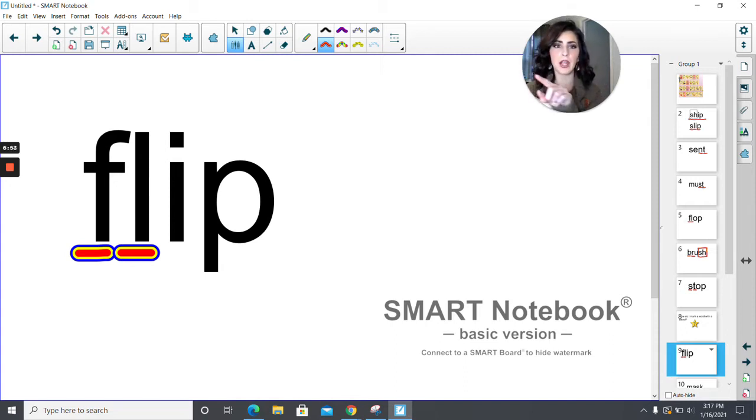So I want you to write the word flip on your whiteboard, and underline the F and the L, 2 separate lines under the F and the L. That way it tells you, oh, I'm not gluing these together, I'm just going to blend them together when I read them. Okay, here we go. Lip. Flip.